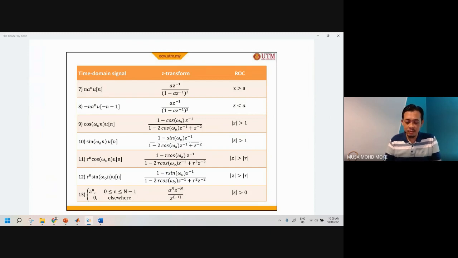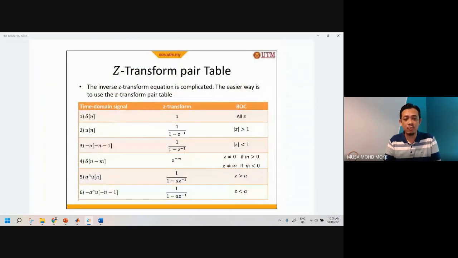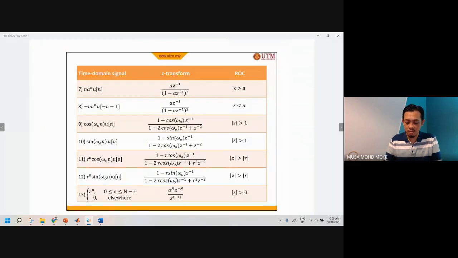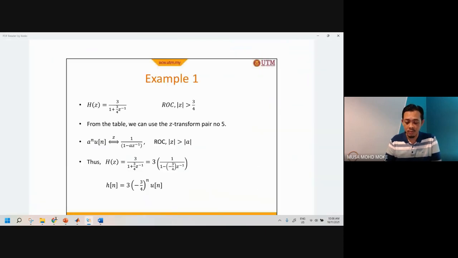But to do this, we need to make sure that we get into this form. Whatever equation you have, you need to make sure that you are converting it into this form. So you need to manipulate the equation so that it becomes one of these forms.